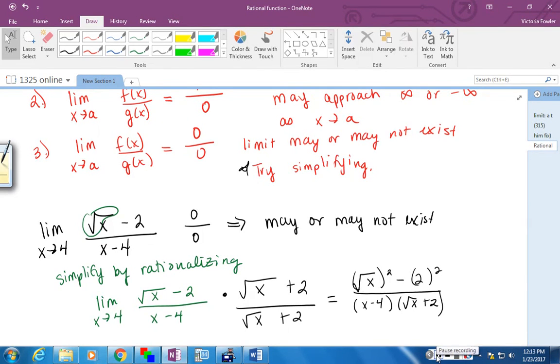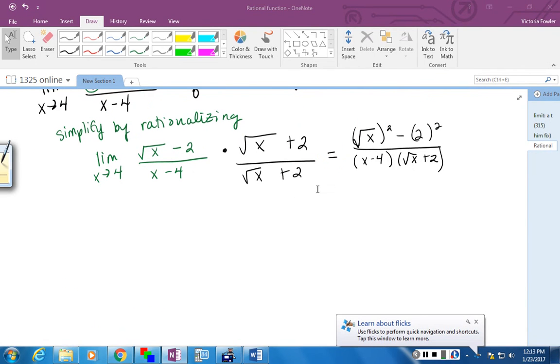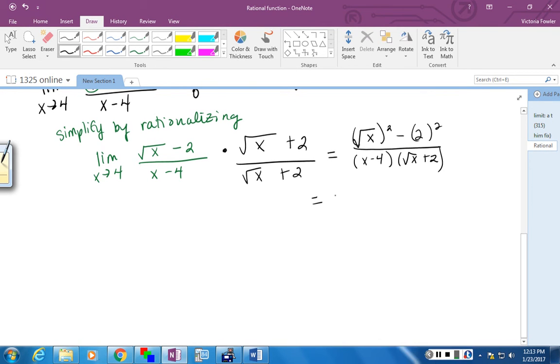Scroll down. Okay, just to caution you before you get a little too happy with the algebra, let's do that numerator here. If I square something under a square root, I'm just getting back x here, so I have x minus 4, and then in the denominator, let's go ahead and rewrite that.